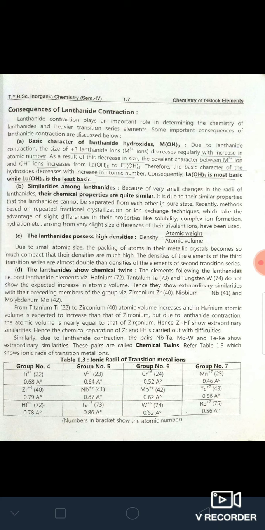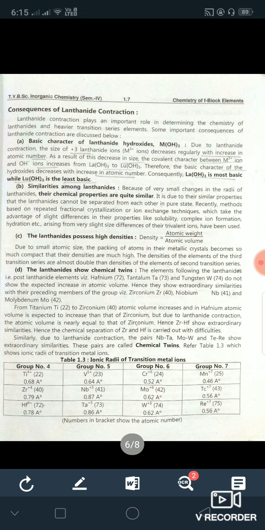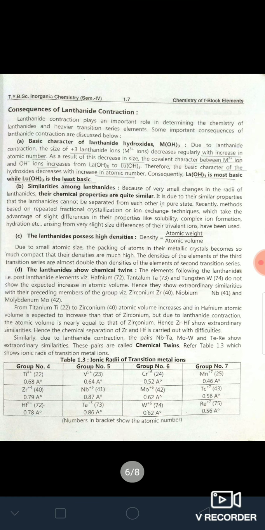Therefore, the basic character of the hydroxides decreases with increasing atomic number. Consequently, lanthanum hydroxide is the most basic while lutetium hydroxide is the least basic. Means lanthanum hydroxide is more basic than lutetium hydroxide.